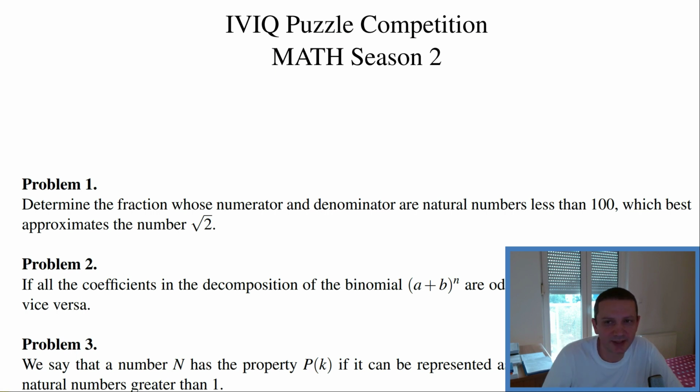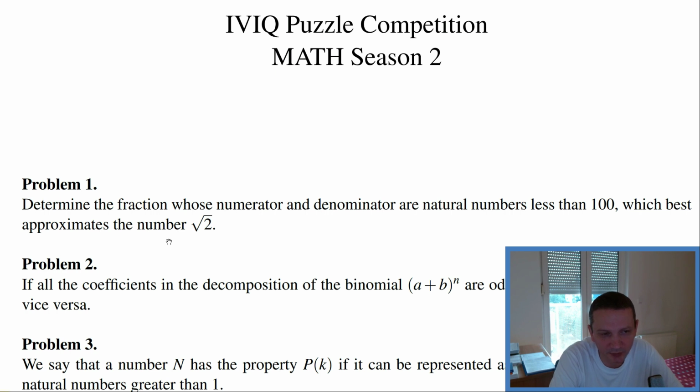So we are starting with this problem number 1. Determine the fraction whose numerator and denominator are natural numbers less than 100, which best approximates the number square root of 2. We know that square root of 2 is an irrational number and that there is no fraction equal to square root of 2.